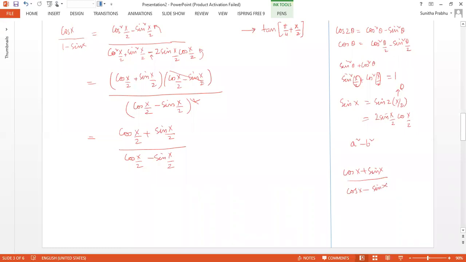What you do is you divide the numerator and denominator by cos x. So here, instead of cos x, you divide the numerator and denominator by cos x by 2.